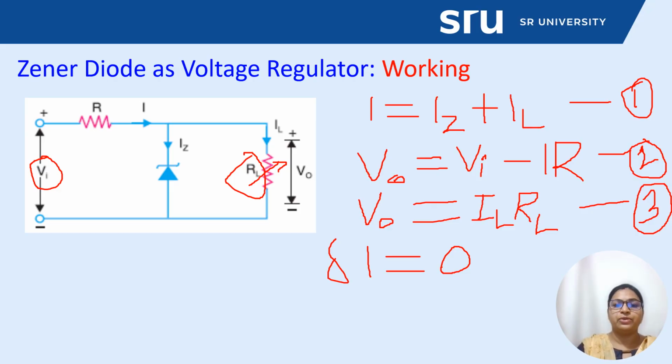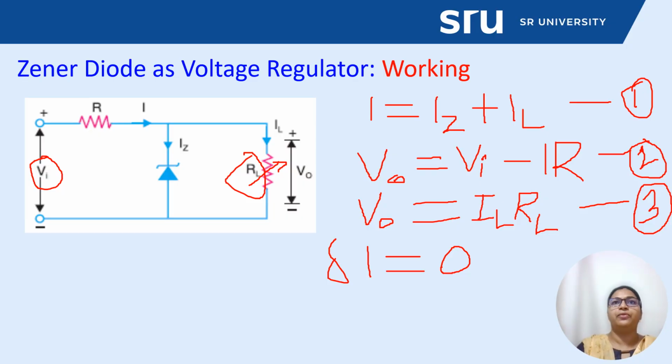So using this condition in equation 1, delta Iz is equal to delta IL. Thus if the load resistance increases when the supply voltage is fixed, load current IL decreases and the Zener diode current Iz will be increased by an equal amount. Thus the voltage V0 across the load will tend to remain constant.